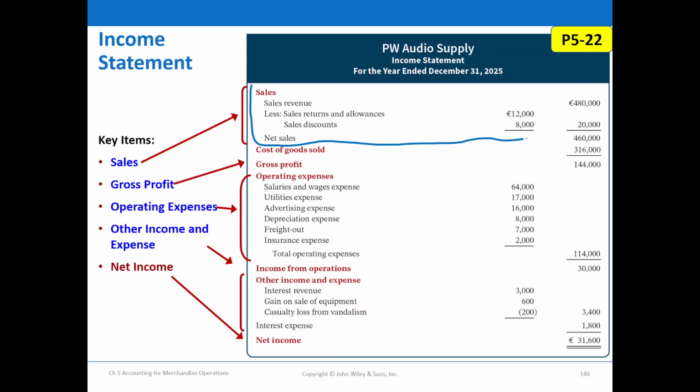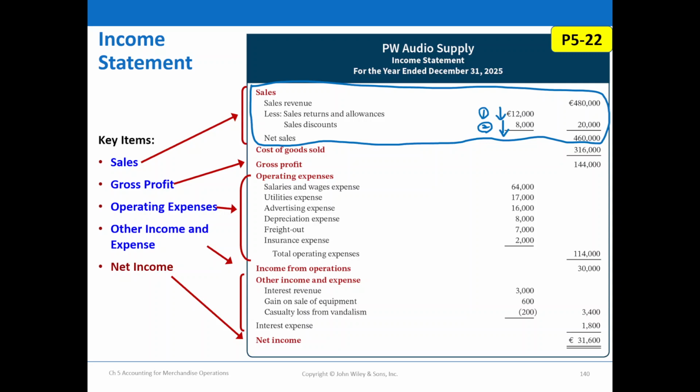But don't forget, you should understand our revenues. We have two reasons that make your revenue decrease. The first reason is the customer returns the inventory back to you. The second reason is the customer got a cash discount. So these two reasons make your revenue decrease.